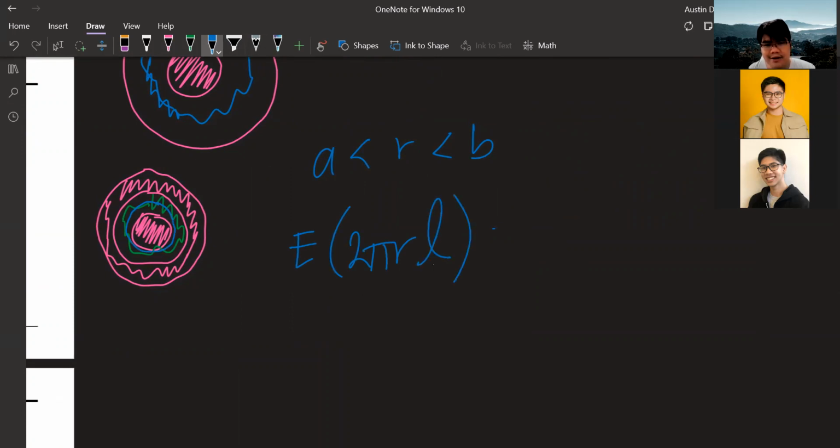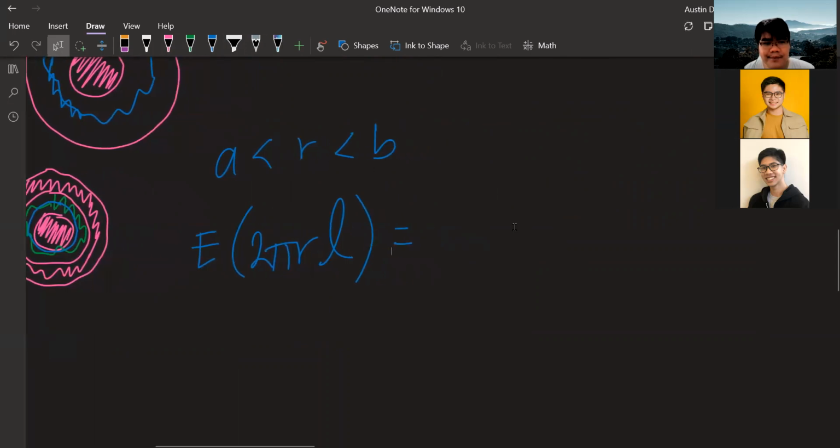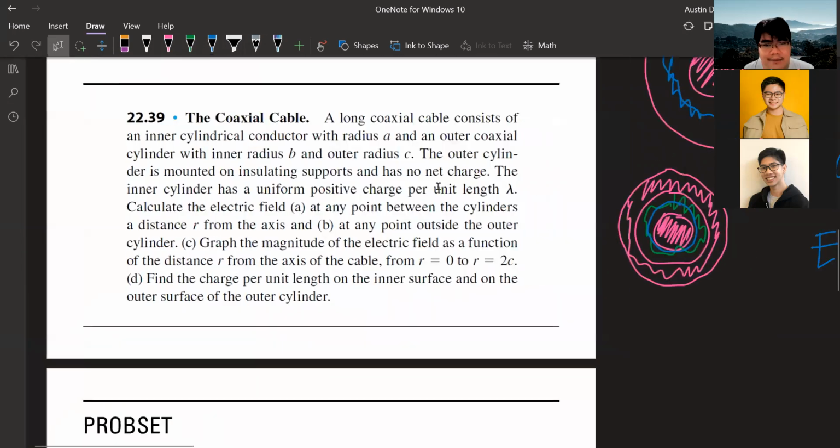Arbitrary length, arbitrary r. But your r is forced to be in between A and B. Then the charge enclosed would be simply lambda times L. Kasi binigay sa atin si lambda. Yung inner cylinder daw, meron siyang positive charge per unit length. So you have to just multiply it by length.